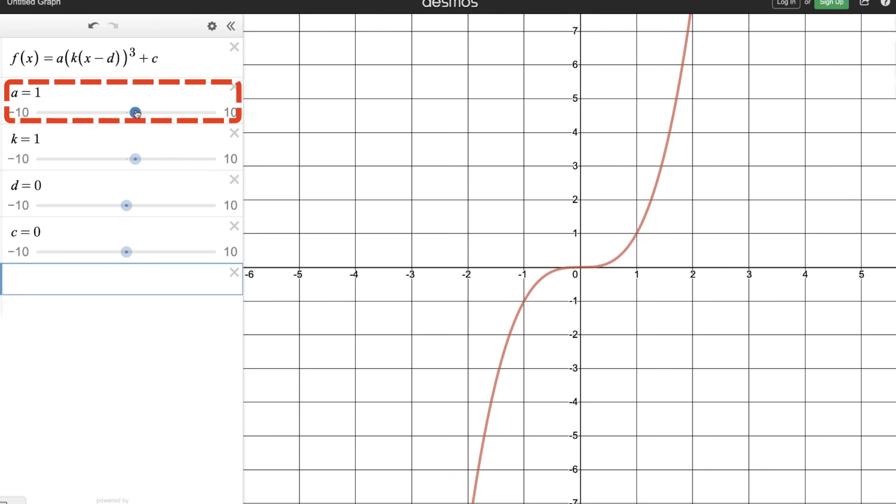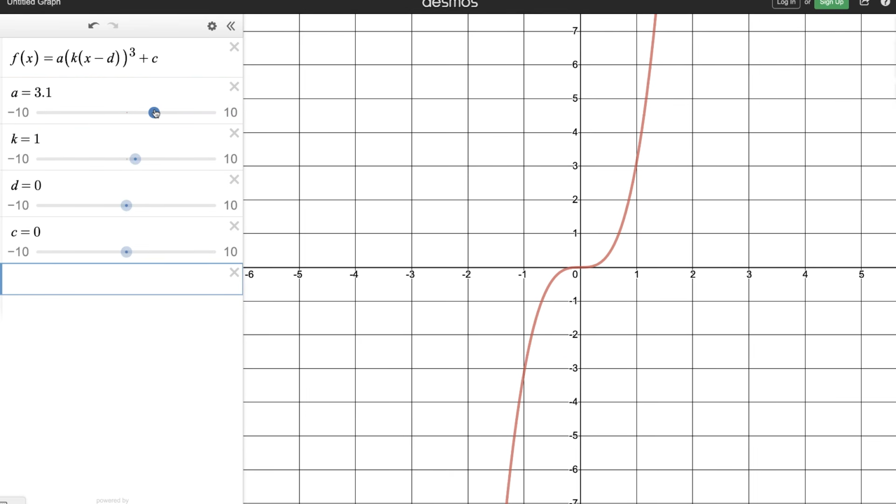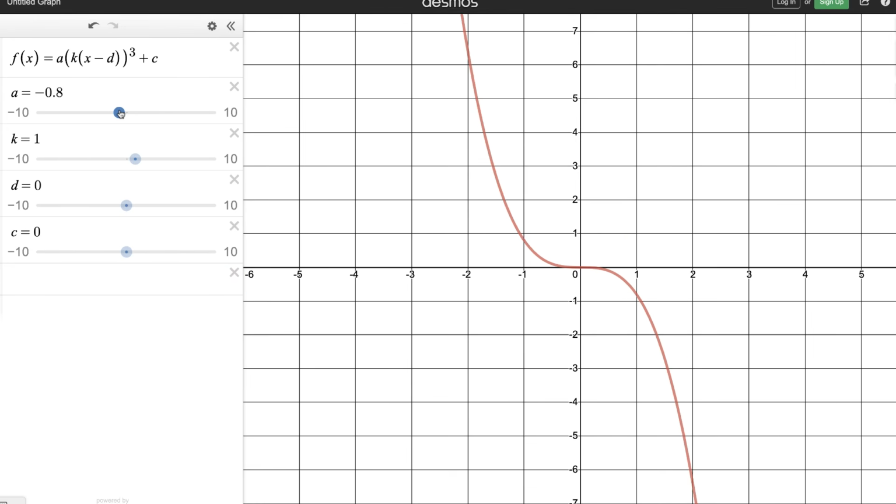It could do a vertical stretch if the a value is bigger than 1. So imagine someone grabbing the ends of this and stretching it vertically. It would also do a vertical stretch if the a value is less than -1. So let me set it to -1. Now it's going from quadrant 2 to 4 instead of 3 to 1 because it's been vertically reflected. And now let me make this a value less than -1 and notice it's also getting vertically stretched.